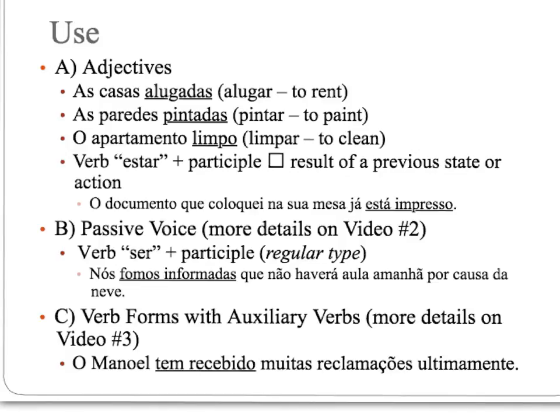Or if it's completely irregular, you use that form. But notice that if it is o Manuel, or if it is os homens, you would change the auxiliary verb. So, for example, os homens têm, but then you would have to use an accent because it's eles, recebido. So recebido doesn't change at all in form C. Only tem would change if the agent of the sentence was a different one. Okay.